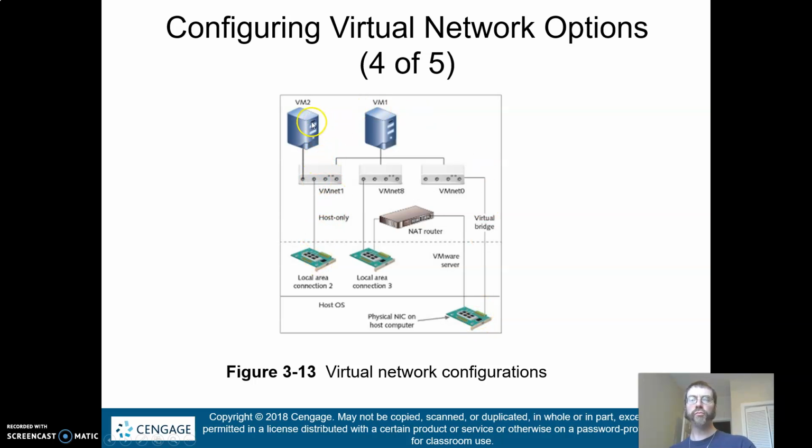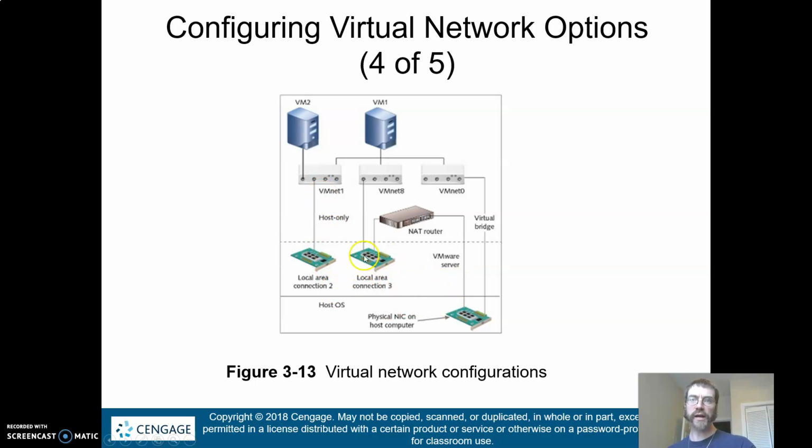Host-only mode will go from the VM down to your local NIC, because the local area connection 1, local area connection 2, 3, things like that, that's normal for a Win 10 box. And this is talking to the loopback on the host machine.